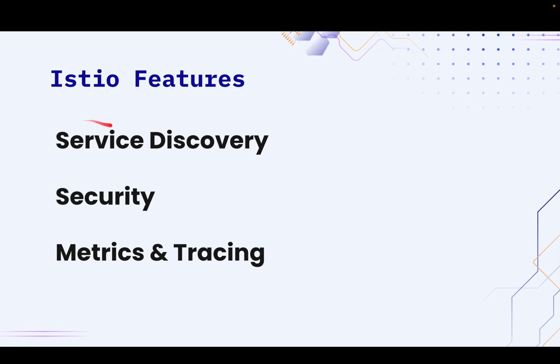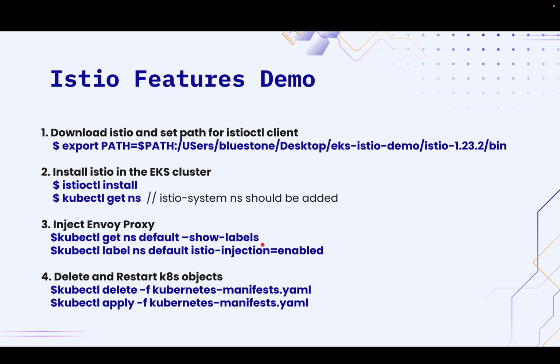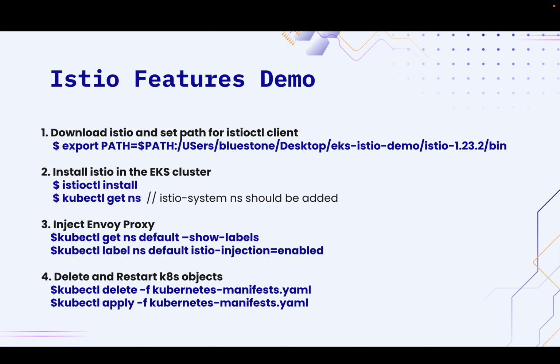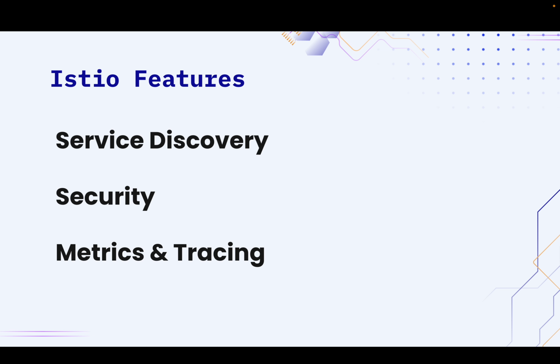For this demo, we're just going to cover service discovery, but these are the important features of service mesh. Okay, now we're going to do that. So these are the steps on how to access the Kiali dashboard. We're going to see how we can leverage the service discovery feature using Istio.